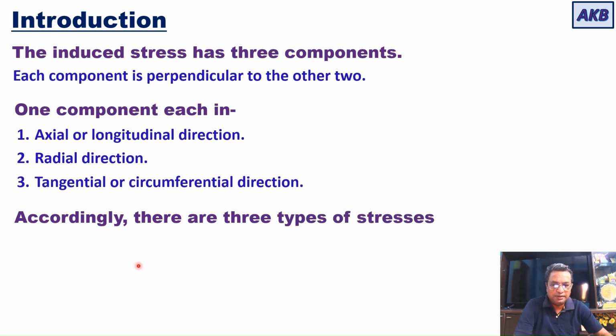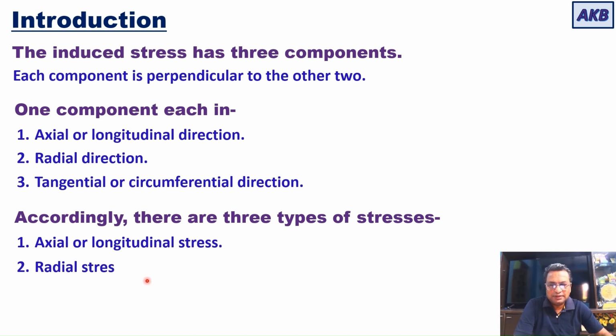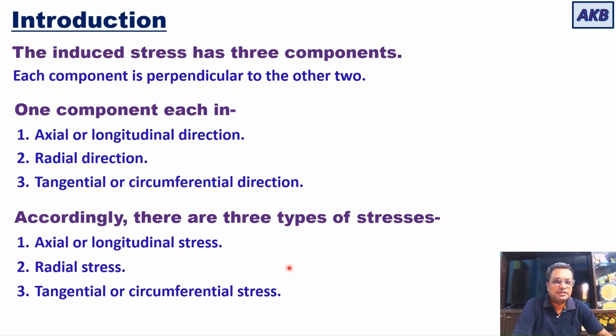Therefore, accordingly, there are three types of stresses. You have axial or longitudinal stress, then radial stress, and the third one is tangential or circumferential stress. That means in the case of high pressure vessels, that is thick walled pressure vessels, three types of stresses are to be considered.